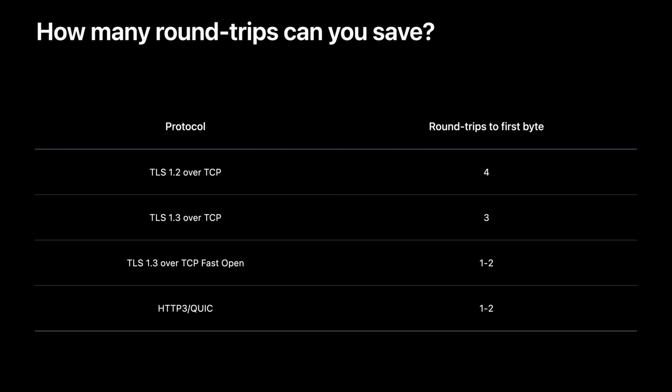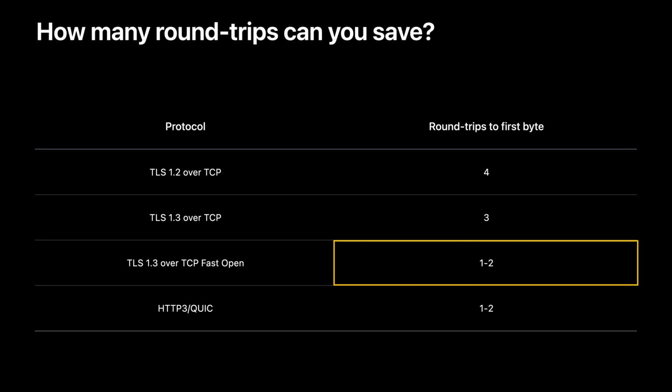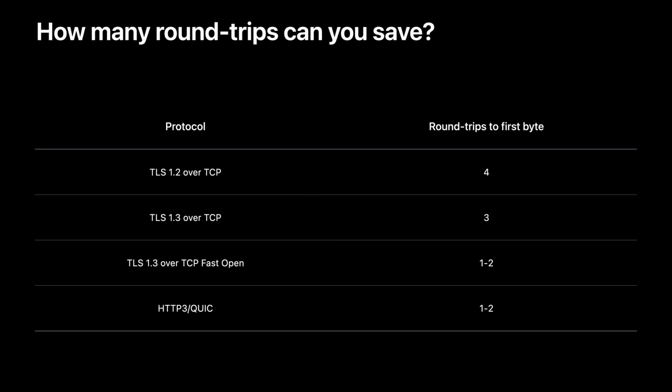If you enable TCP Fast Open on your connection, you will save yet another round trip. In iOS 15, HTTP 3 over QUIC provides a reduction to 2 round trips. The QUIC protocol also defines early data support, which could enable a further reduction to 1 round trip.